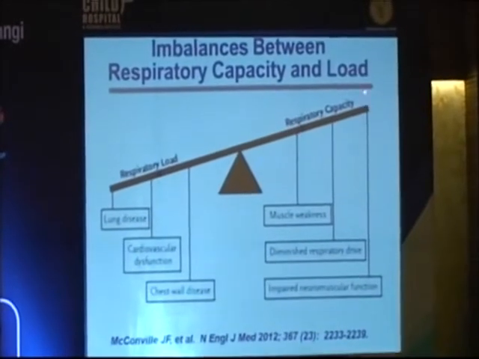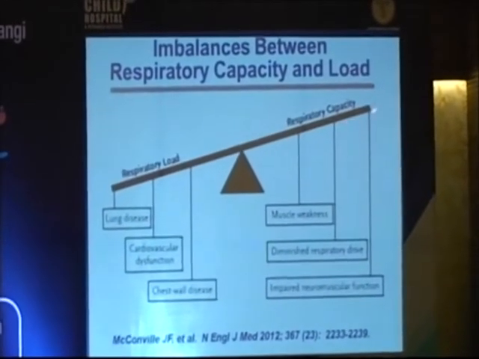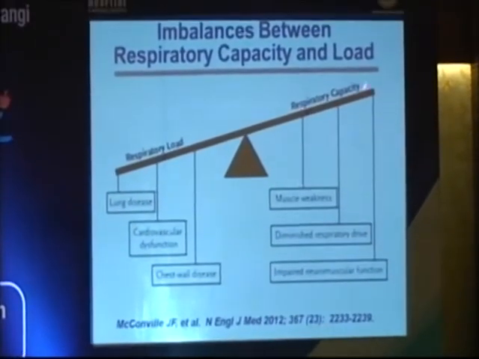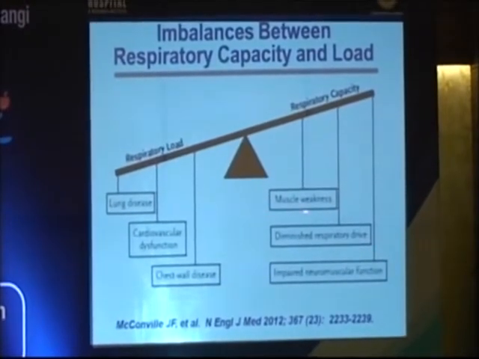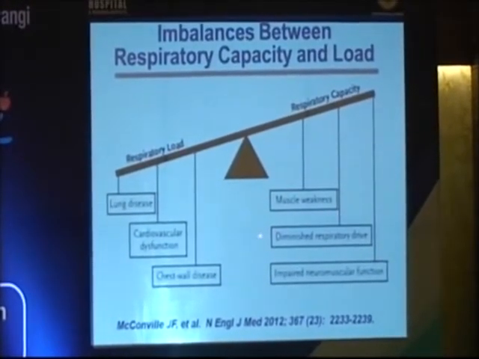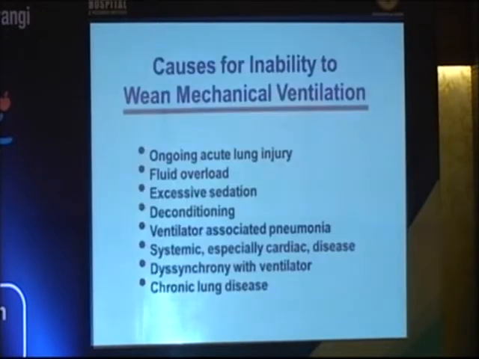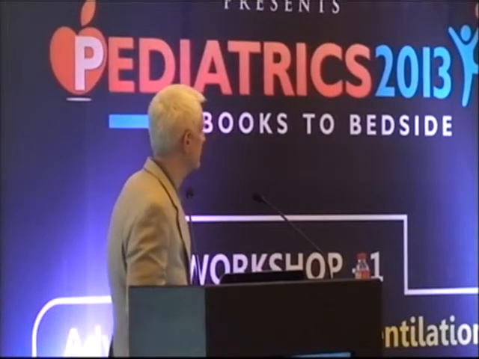And then the other side of the equation is the capacity of the respiratory system or the pulmonary system, and this involves the muscles of breathing, whether or not there is respiratory drive present, and the function of the neuromuscular system. So what I'm going to talk about, and there are many things that we could discuss related to tricks of weaning, are the subjects here.